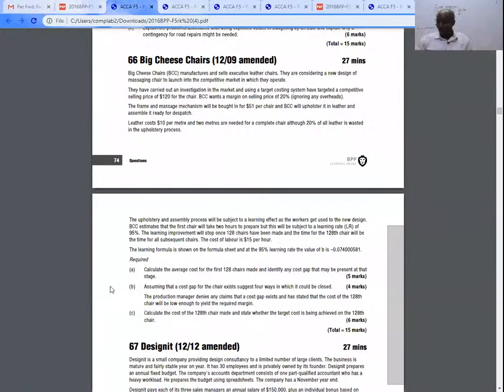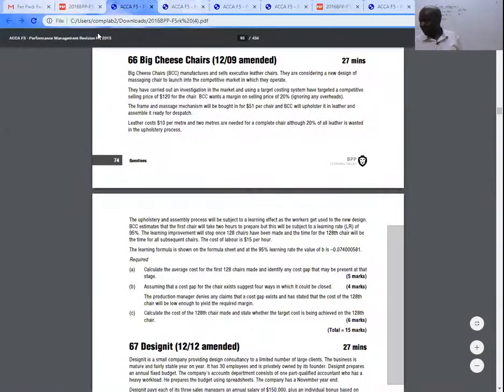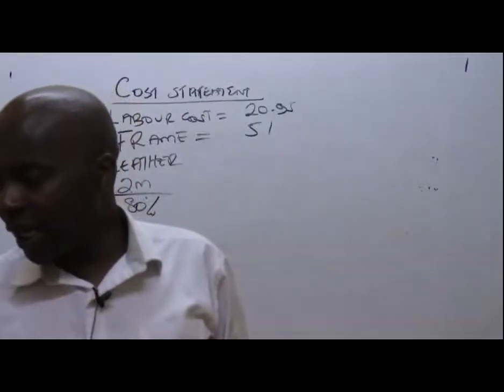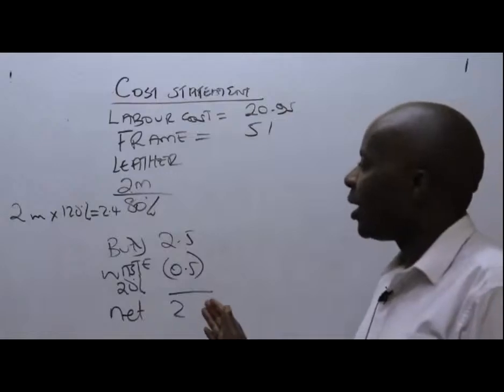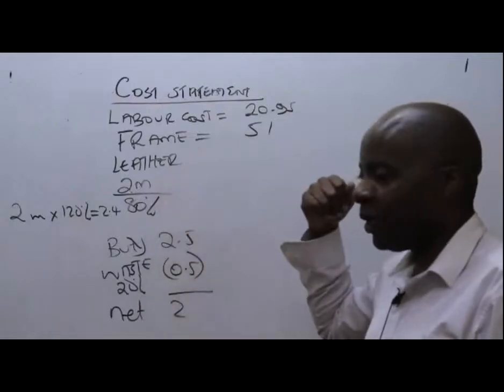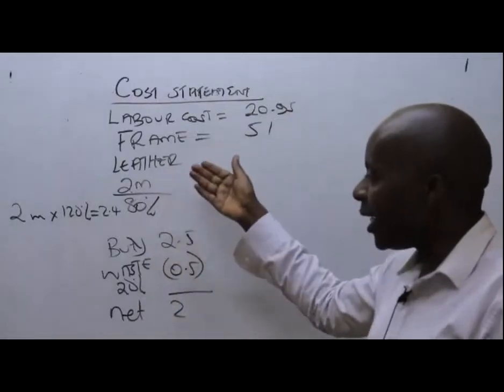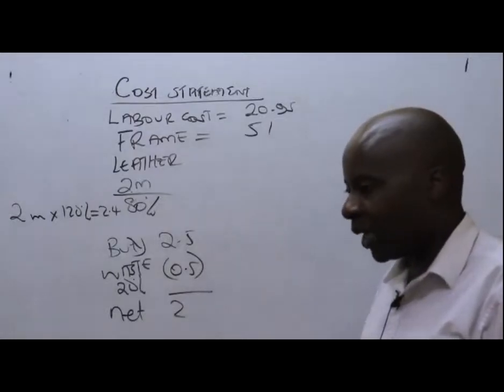So you should be able to understand it in your own way, which you should be able to use in the future. So I'm repeating this once again, ladies and gentlemen. Whenever there is a loss, take the net number of meters needed, divide by net percentage. I've given you a very good example here.